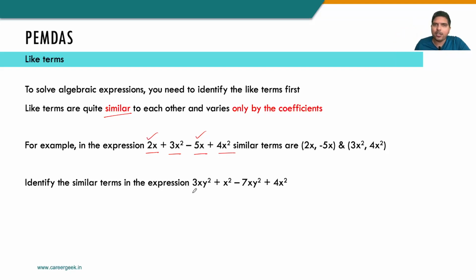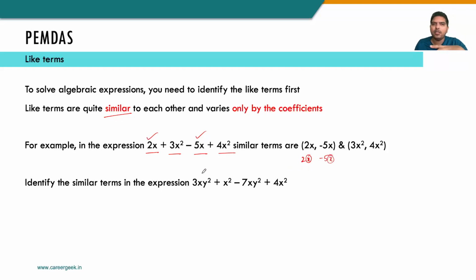Okay, any terms which has the same variable is considered as a similar term. Of course, the quotients can be different. What is the quotient? The number in front of the variable is the quotient. For example, 2 is the quotient here and negative 5 is the quotient here. That doesn't matter. What matters is the variable is the same.